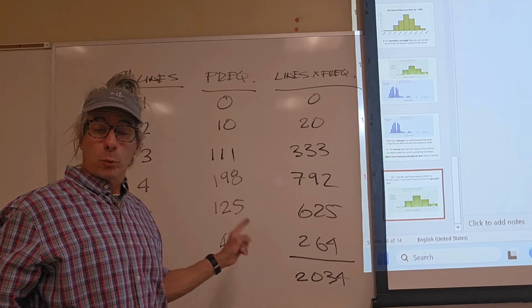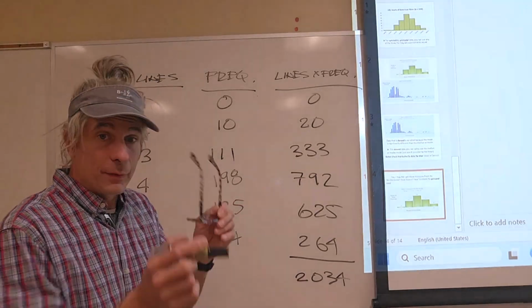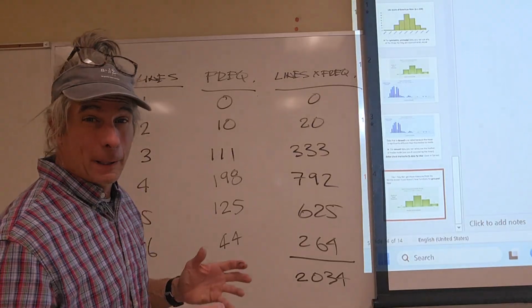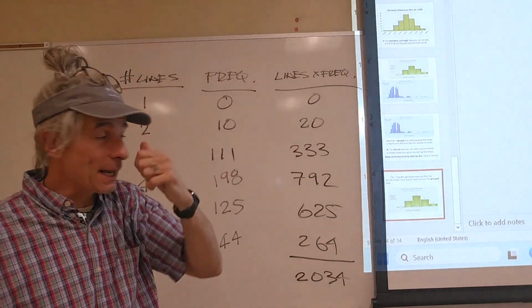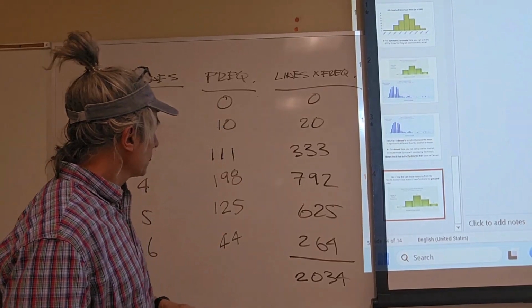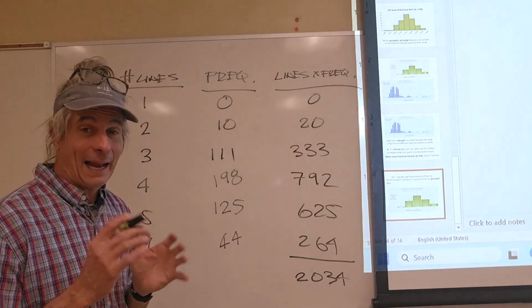So that is what I would get if I added up all of the 2s, the 3s, the 4s, with the correct number of how many there were. So 2 plus 2 plus 2, but I got that 10 times. 3 plus 3 plus 3, 111 times. If I added all that up that many times, I get 2,034. So that's how many lines I had.